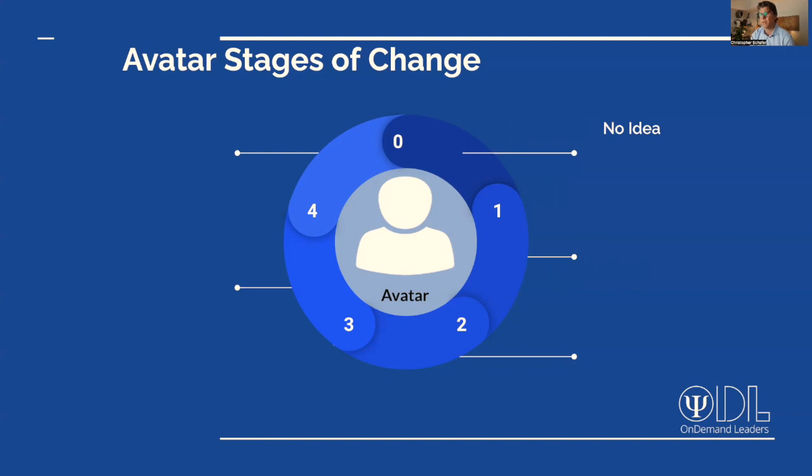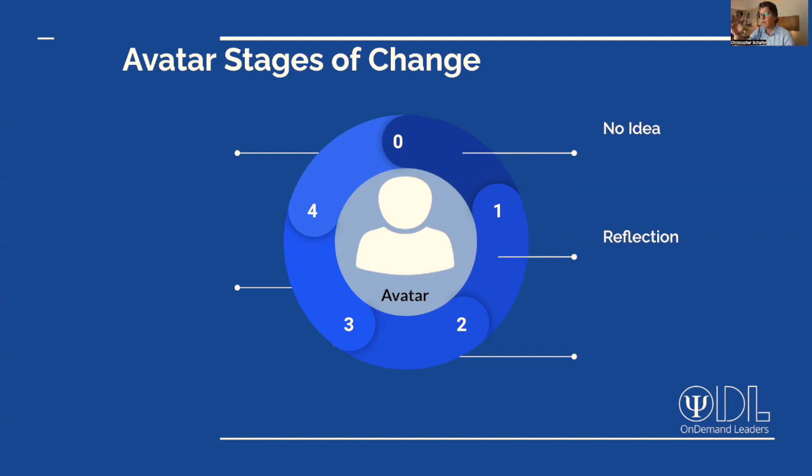They don't know about what you do. They don't know what you solve. They probably don't even know the problem out there that you solve, or there's a possibility that they don't. Okay, so no idea. We just have to really understand that when it comes to a state of change, they have to be aware of the idea and pre-contemplation to contemplation.